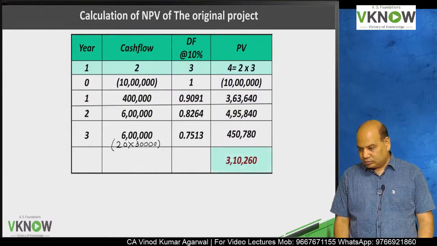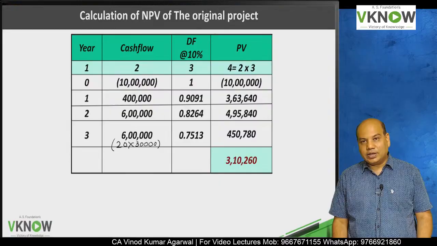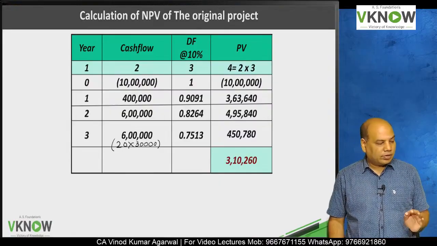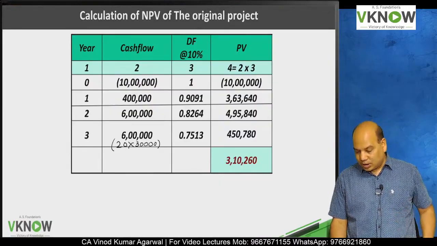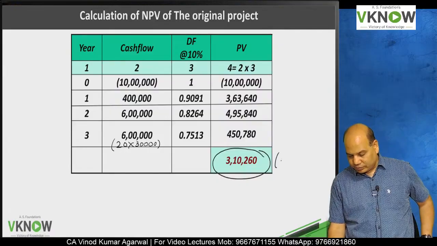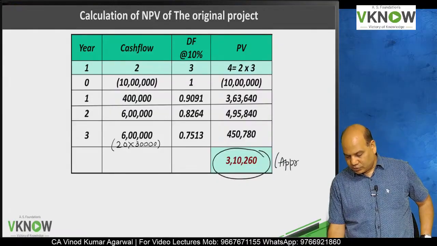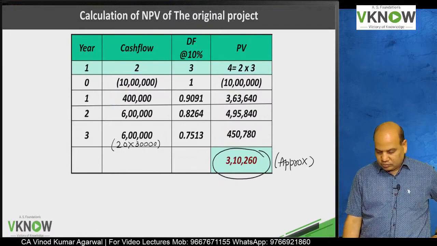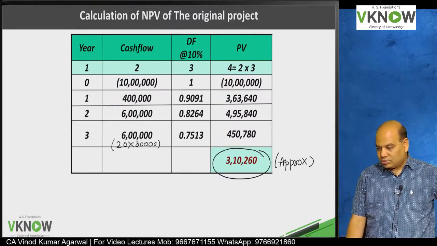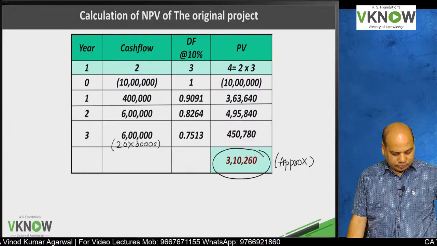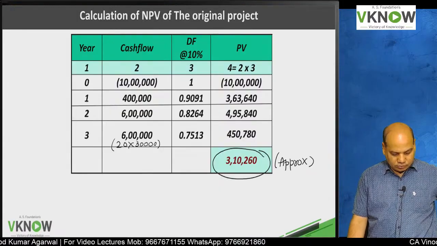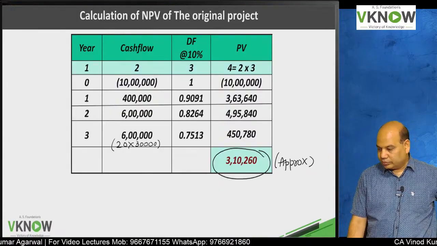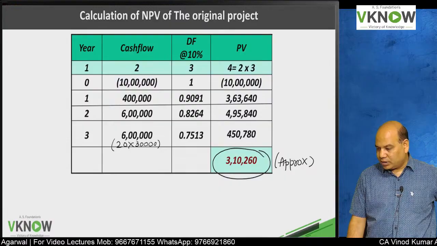Total 3,10,260 approximately, right? It can be more or it can be less. Are you getting approximately the same answer?